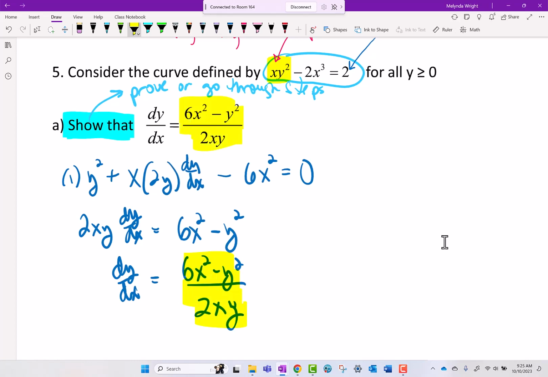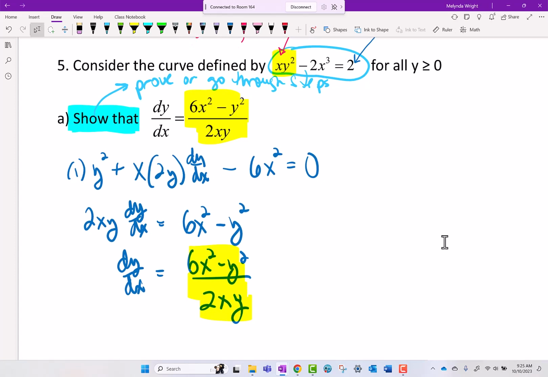That's what we're supposed to do. We just showed that that's the derivative by our work, so doing all those steps is proof that that is correct. Does that make sense? Okay, so there we go, part A. Any questions on part A?